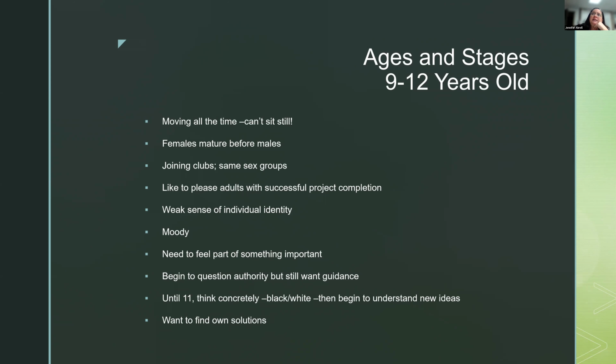They still pretty much are thinking concretely, but this is also the stage where they start to think a little more abstractly and understand more of those new kinds of concepts and ideas. And they want to find their own solutions, right? So when we're doing activities, what does that mean for us as leaders?